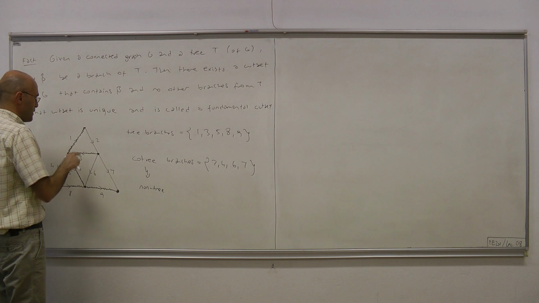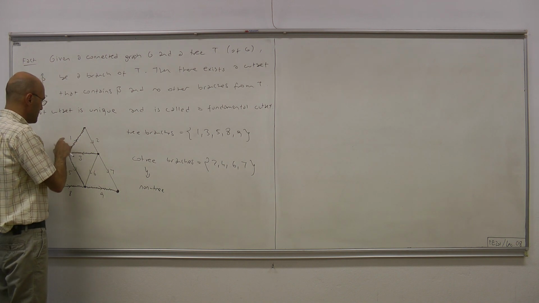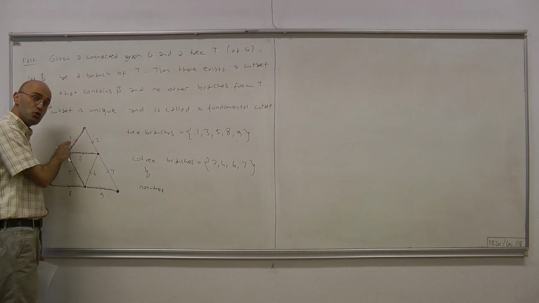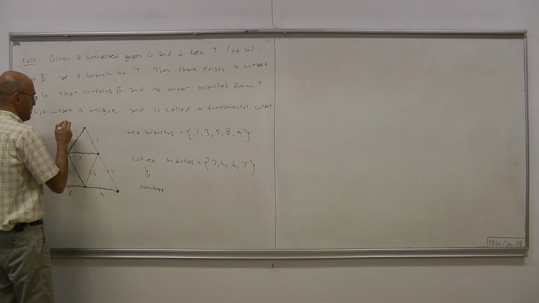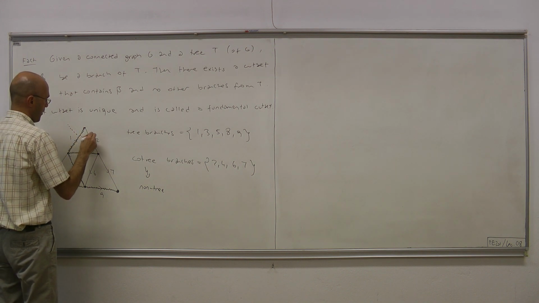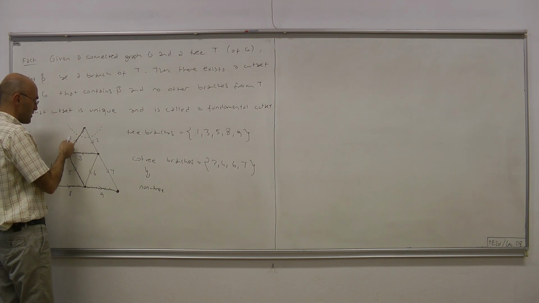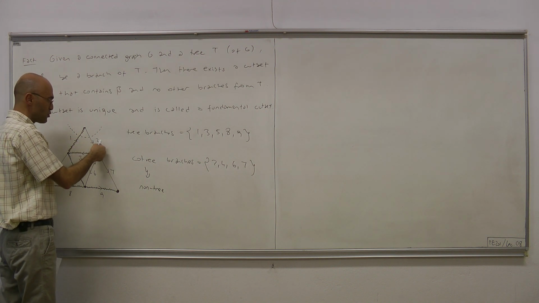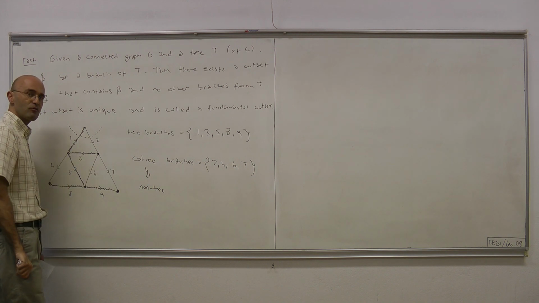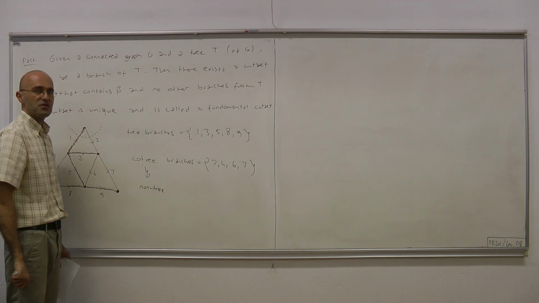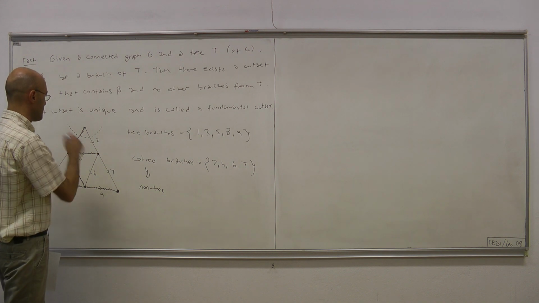Under that constraint, it's easy to see that the fundamental cutset associated to the tree branch number 1 is this. That is the cutset that contains branch 1 and branch 2. Branch 2 is coming from the Cotree, branch 1 is coming from the tree, therefore that constraint is satisfied. And that's a fundamental cutset.